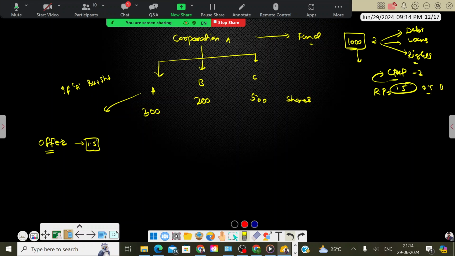The company will offer a discount, but it's a trap. If the company offers a discount, guys, trust me, it's not your benefit. If the company is offering a benefit, then how does the company adjust that benefit? The benefit will be adjusted from the existing shares' value. So it's not your actual benefit. It's a trap anyway.